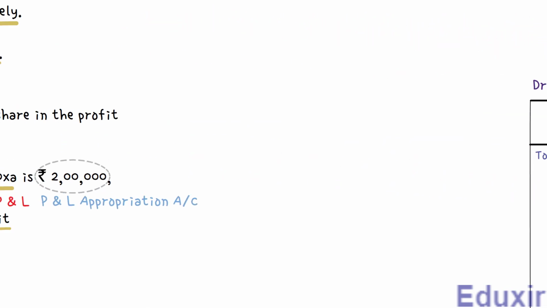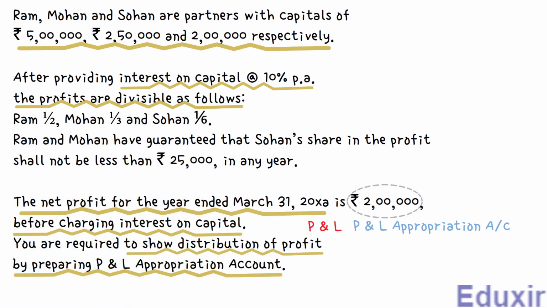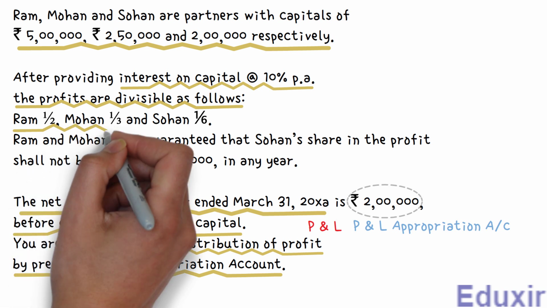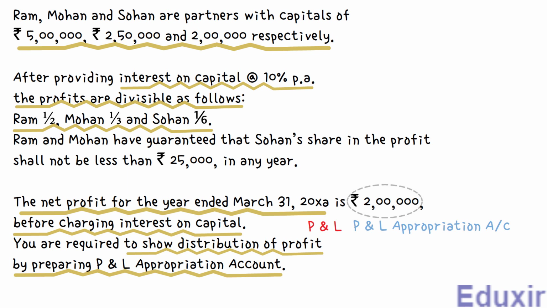Now, it's clearly specified in the problem that this profit should be distributed in the following fractions: Ram 1/2, Mohan 1/3, and Sohan 1/6. Let's now calculate the ratio of these fractions. See, we can directly find the profit share of the partners using these fractions. But it becomes easier and clearer if we find the profit sharing ratio.